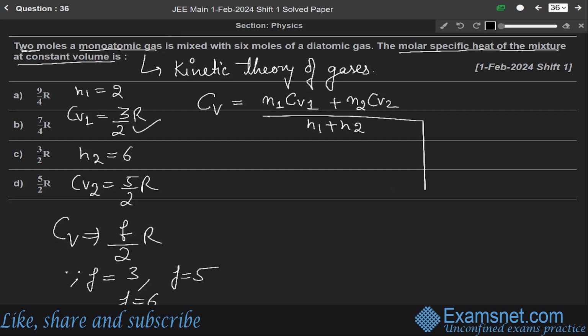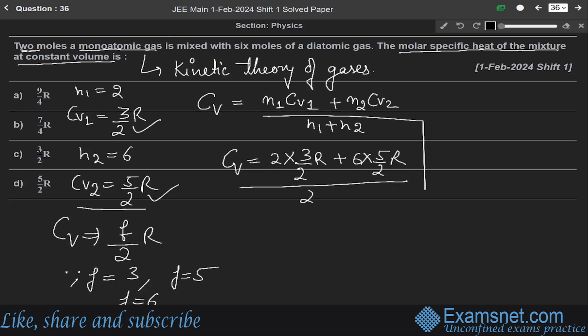So here we write 3 by 2 R, and for diatomic we write 5 by 2 R. So CV will be equal to 2 into 3 by 2 R plus 6 into 5 by 2 R over 2 plus 6. Now solving it, this 2 cancels, 2 3s are 6. So 3R plus 15R over 8.